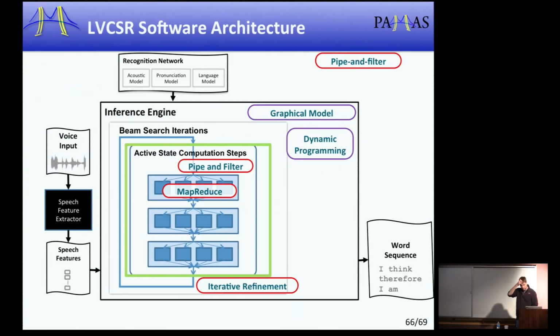OK, so to summarize, we started with this big blob that you couldn't really understand what it was doing. We architected it using first pipe and filter. We identified the key computations, then architected the inside of each filter with an iterator, pipe and filter, and MapReduce.